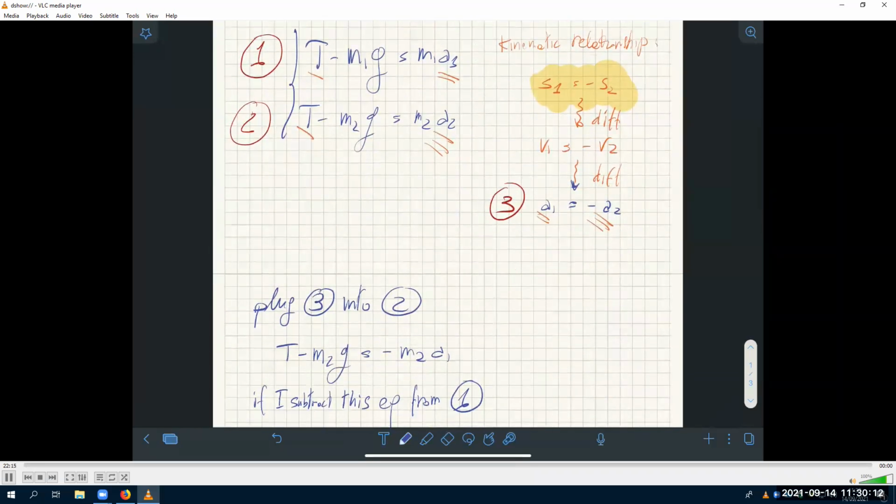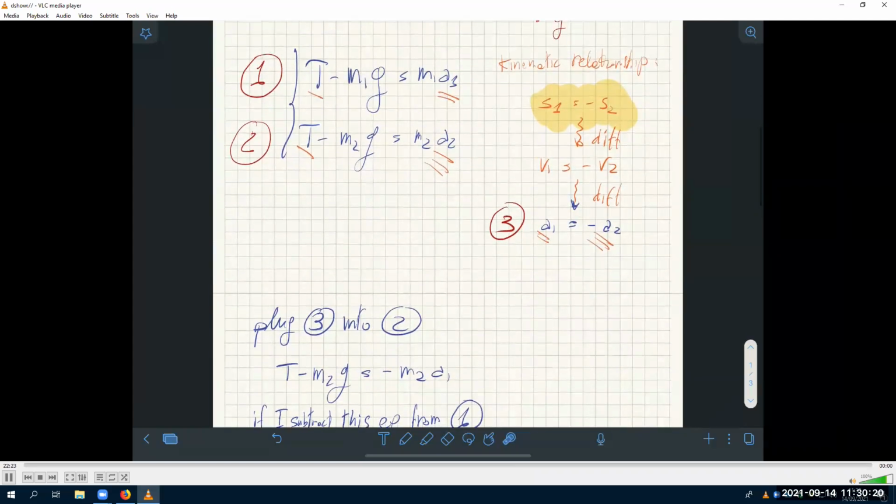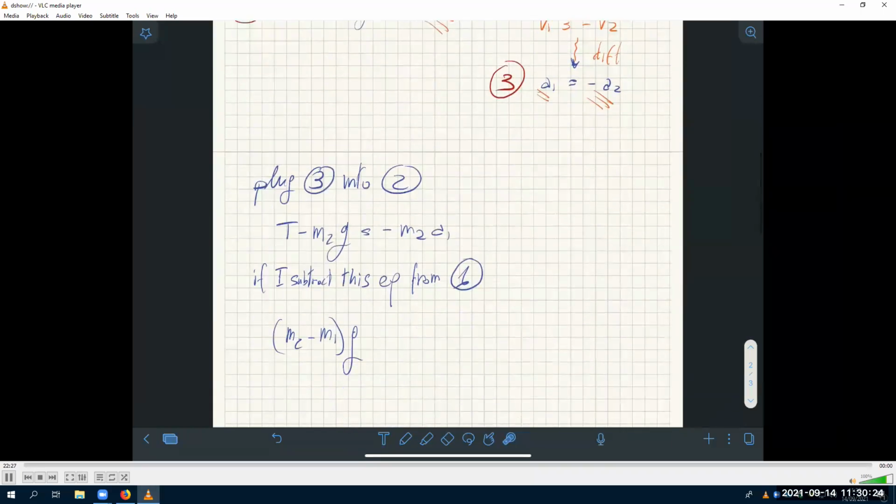I was saying this minus this, so T minus T goes away. This minus this becomes m2 minus m1 times g. And this minus this becomes m1 plus m2 times a1.